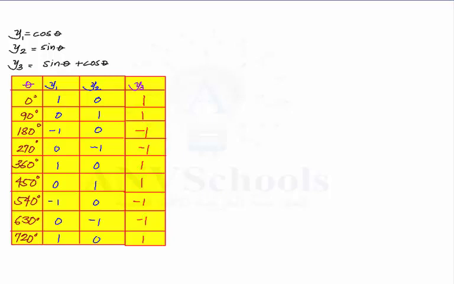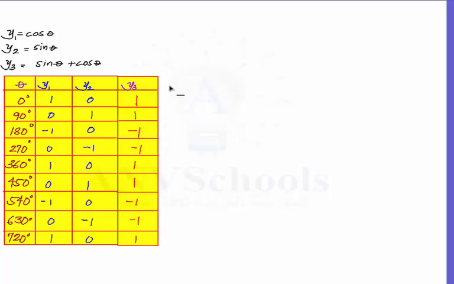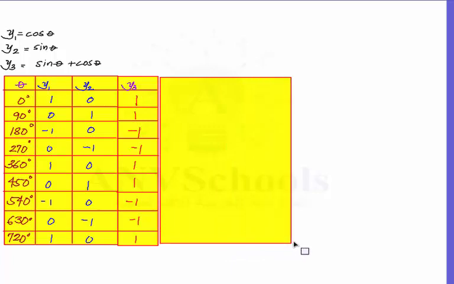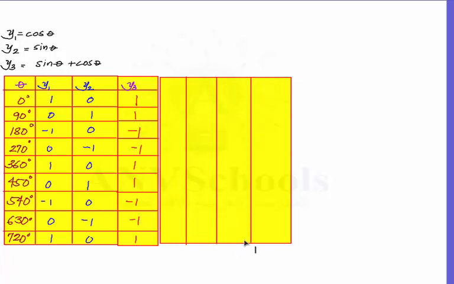So this time we are going to insert specific angles such as 30 degrees and 45 degrees. So that means that we have to insert another column here. This is for theta, y1, y2, and y3.